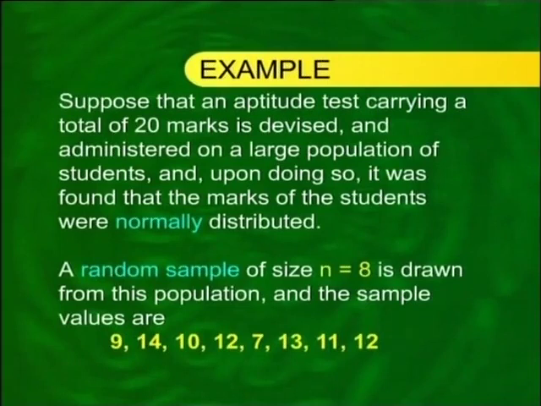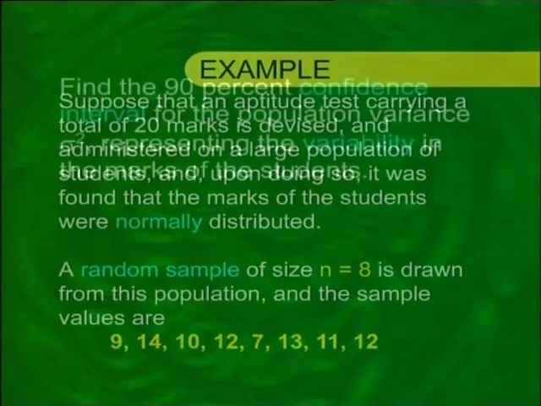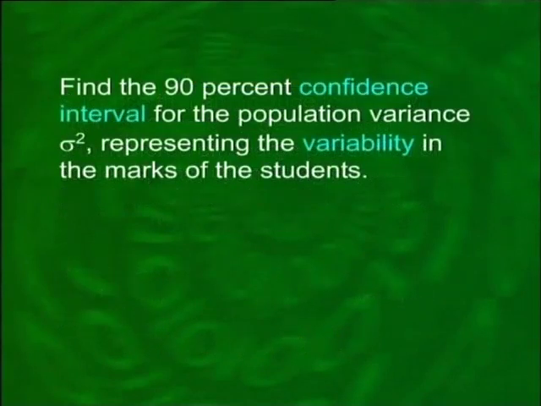Now, a random sample of size 8 is drawn from this normal population, and the sample values are 9, 14, 10, 12, and so on.